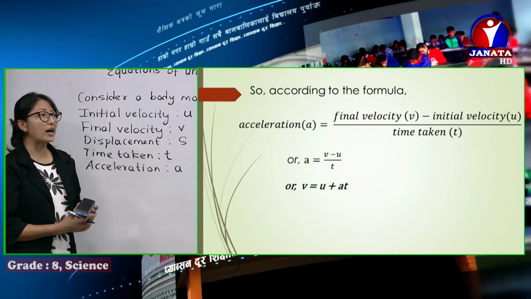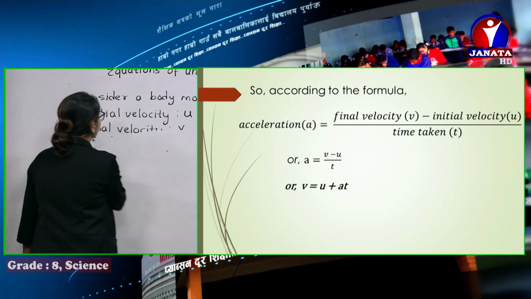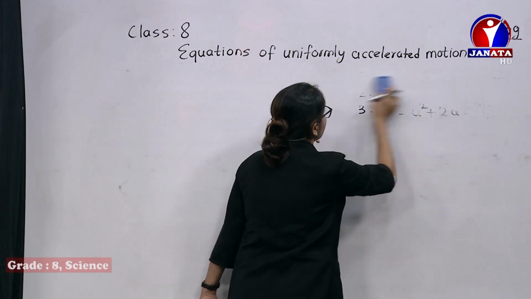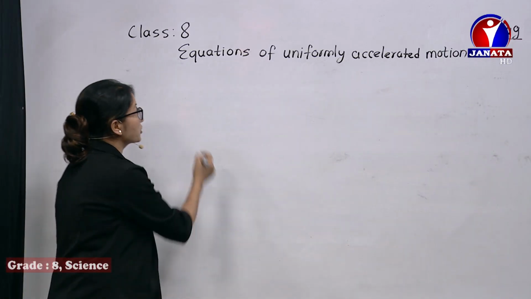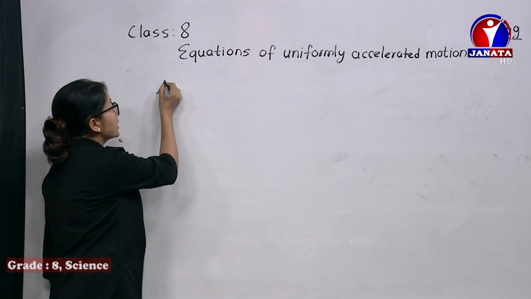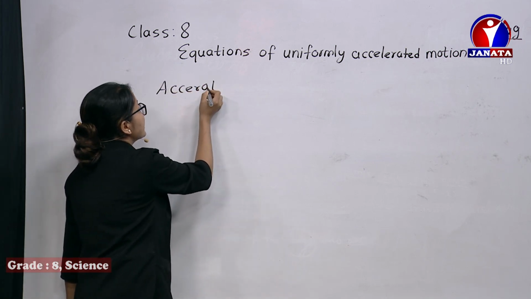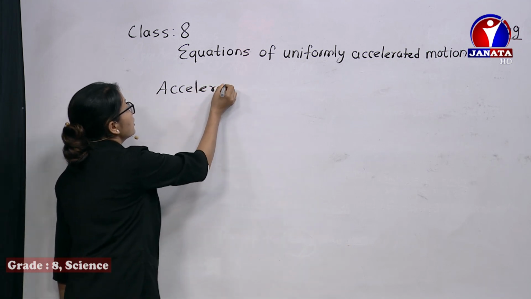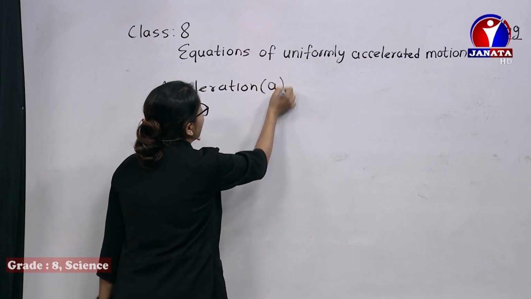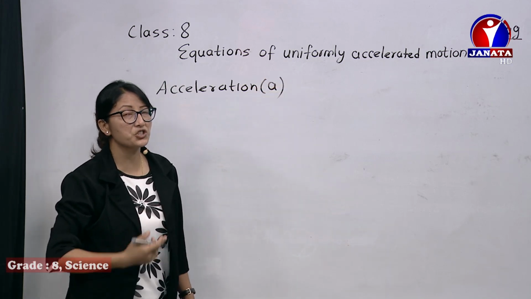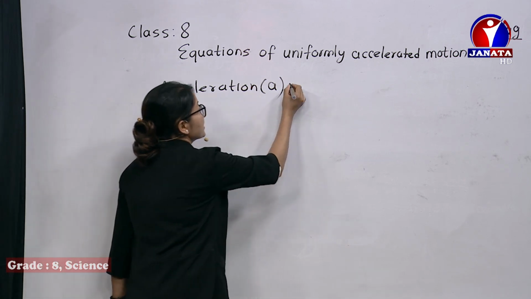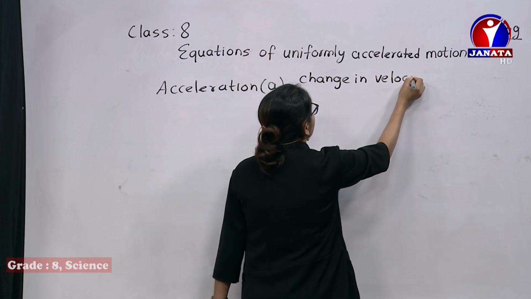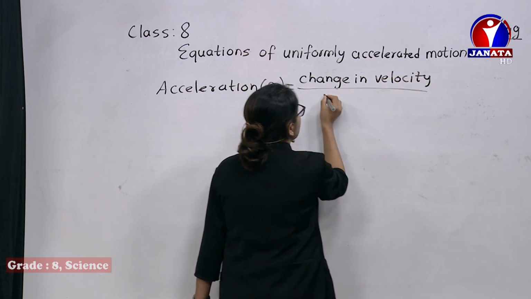So now, according to the formula, I'm going to solve the first one here. We all know the formula of acceleration. Acceleration A is change in velocity per unit time taken.